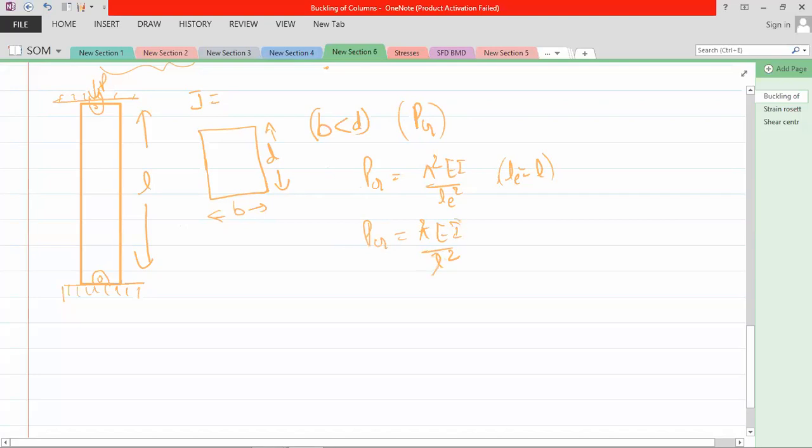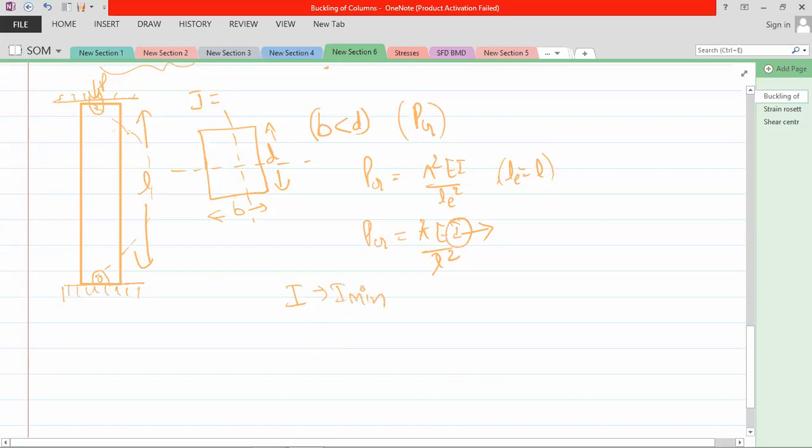Now what is the value of I? At this section I can be taken at this value also, at this value also. If you take this body in 3D, it can buckle in this direction also, or you can buckle in the perpendicular plane also. That body can buckle in both directions. So the I should be I minimum.